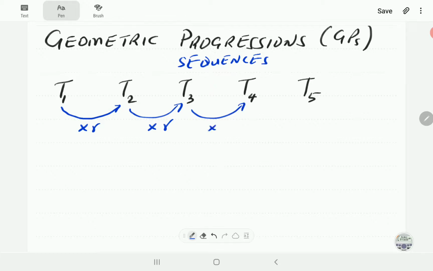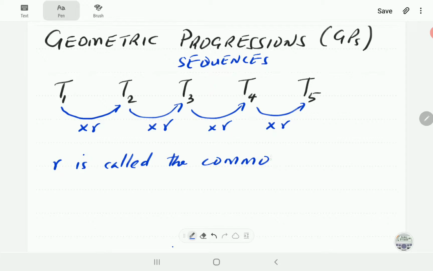Fourth term is obtained by multiplying the third term by that same number r. So in each case, each term can be obtained by multiplying the previous term by the number r. The number r is in this case called the common ratio.